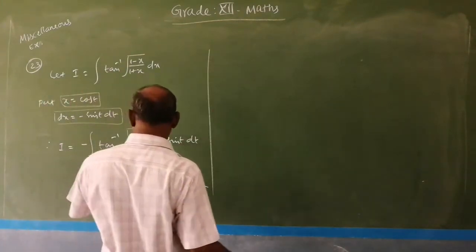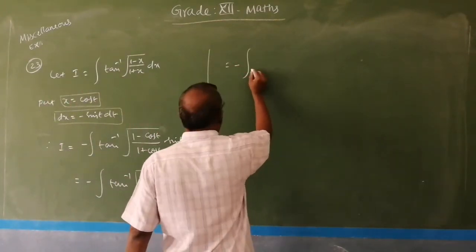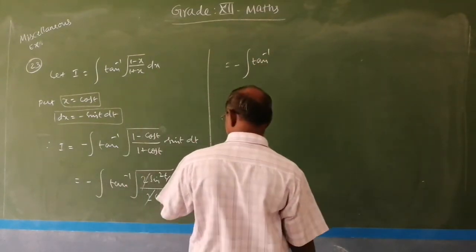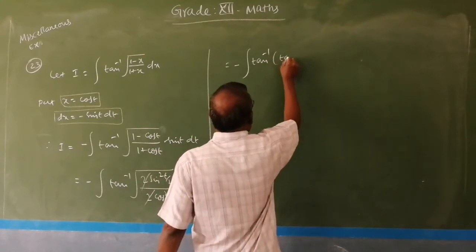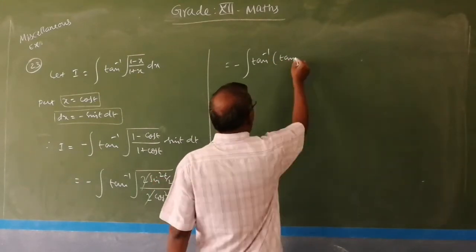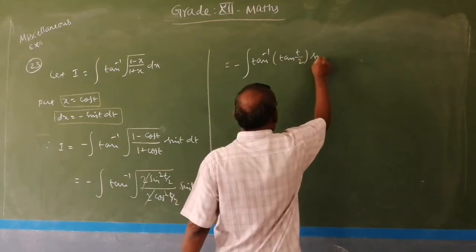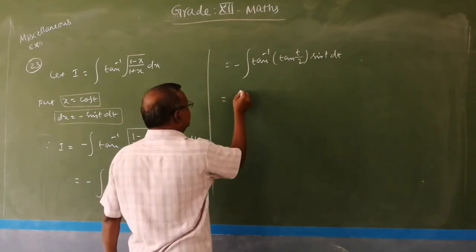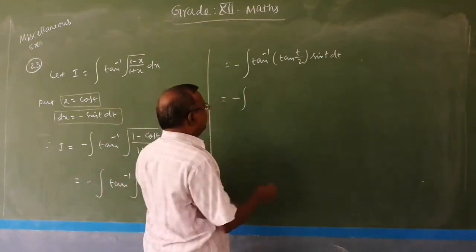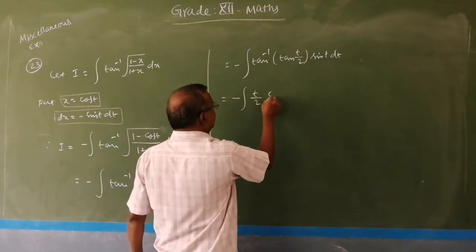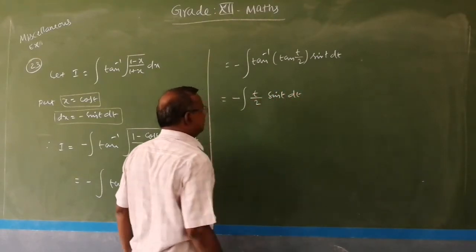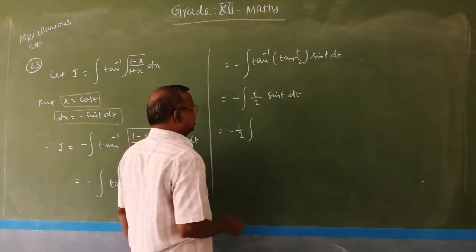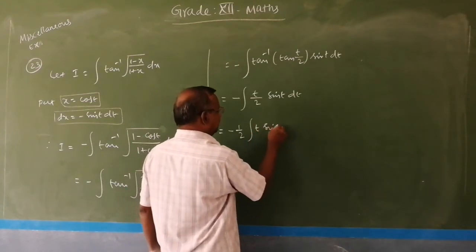So this is equal to minus integral tan inverse of, sin square t by 2 by cos square t by 2 is tan square t by 2, removing the square, tan t by 2, into sin t into dt. So this is equal to minus integral tan inverse of tan, which will be t by 2, into sin t into dt. Now take the 1 by 2 outside the integral. So this is t into sin t into dt.